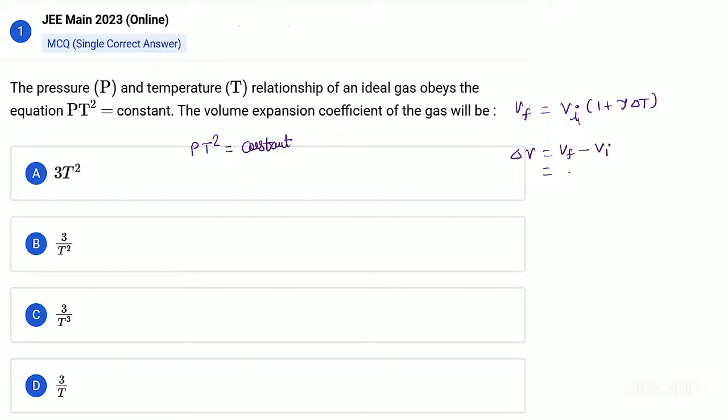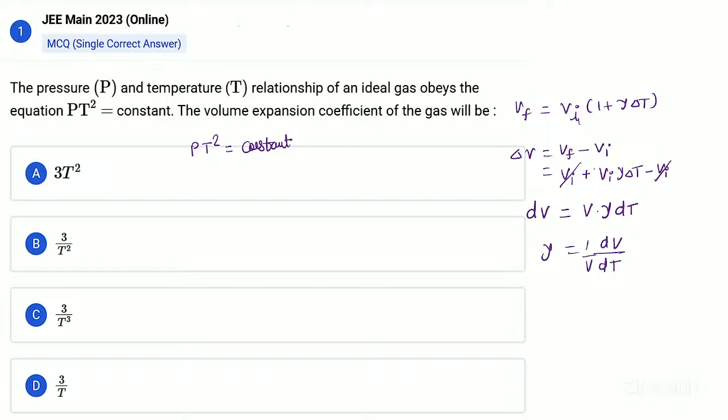So V final we have as V initial times (1 plus gamma delta T) minus V initial. This and this will cancel out. So delta V we can write as dV equals V gamma dT. So here gamma will become dV by dT into 1 upon V.